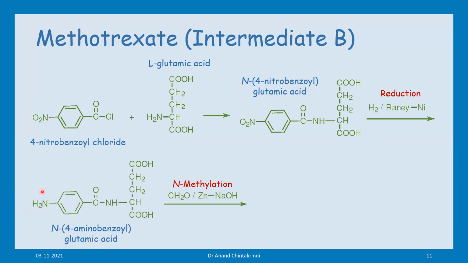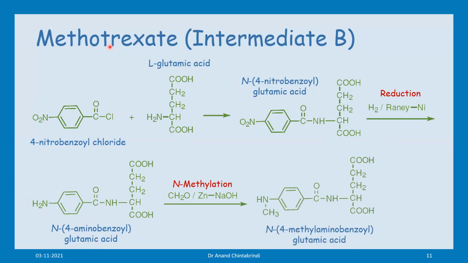The next step is the N-methyl formation, which is again very peculiar of methotrexate. This amino group is methylated using formaldehyde, zinc, and sodium hydroxide to form an N-methyl. So this is again named as a glutamic acid derivative. At this N position, you have 4-methylamino benzoyl.